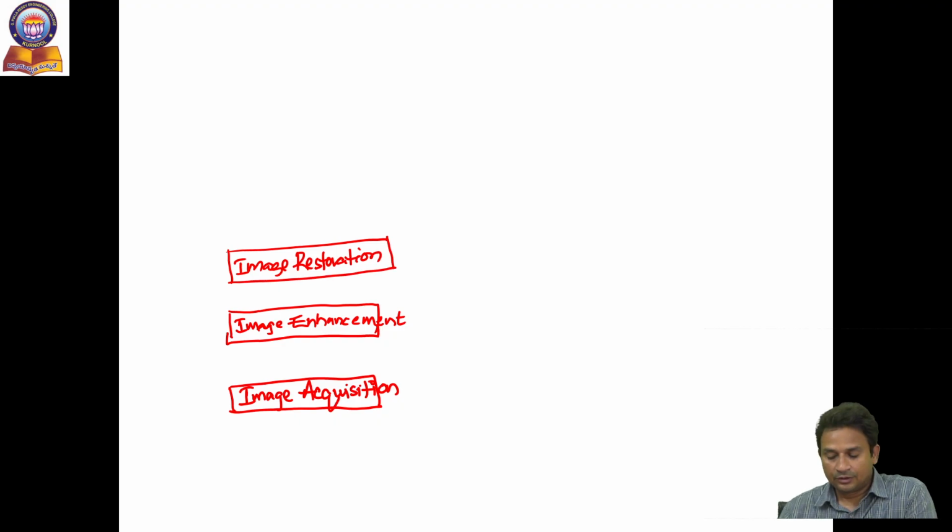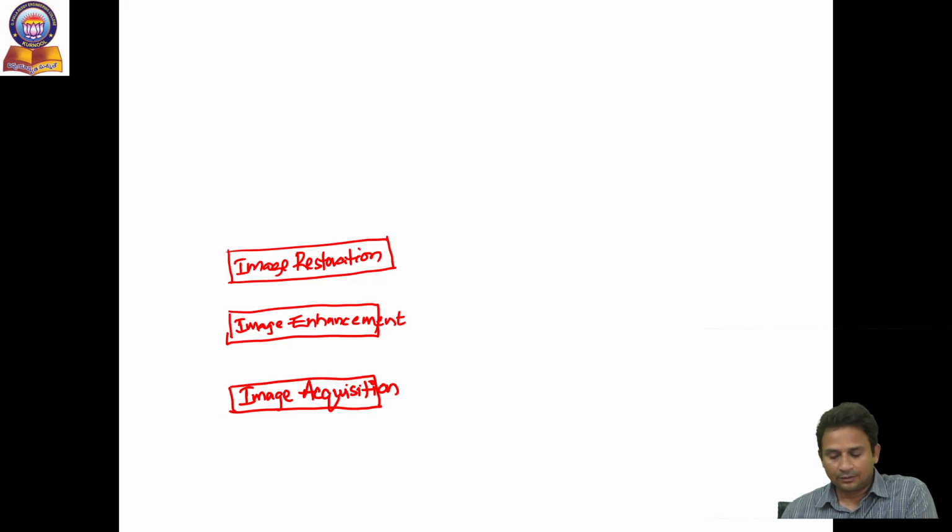Image restoration is also a process of improving the appearance of the image. There is a fundamental difference between image enhancement and image restoration. As I was mentioning, image enhancement is a subjective process, whereas image restoration is an objective process.